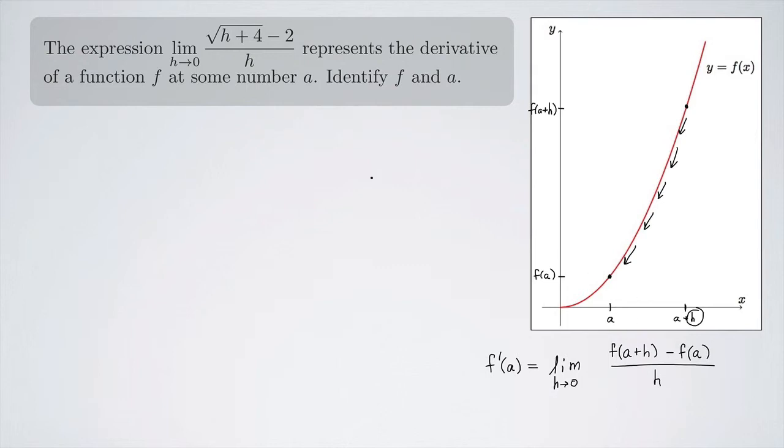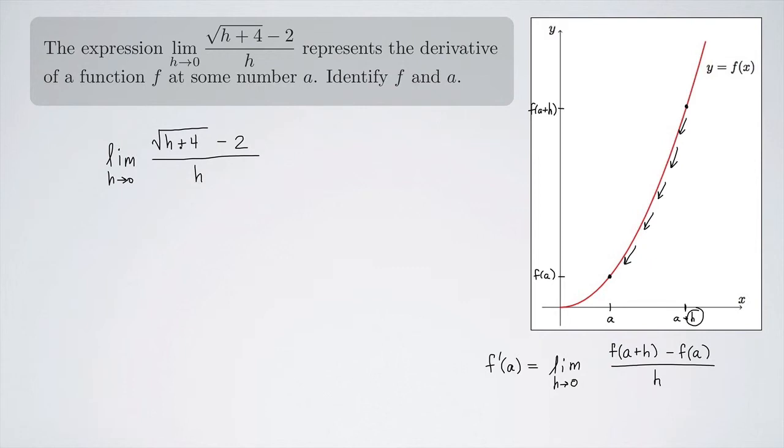Okay, so now we have this expression. We have the limit as h approaches 0 of the square root of h plus 4 minus 2, all over h. And we have to figure out what f and a are.